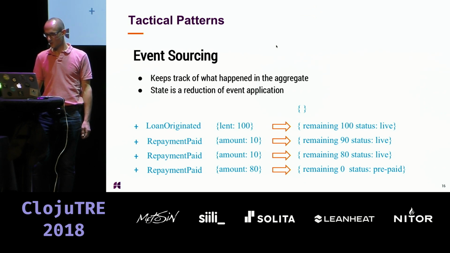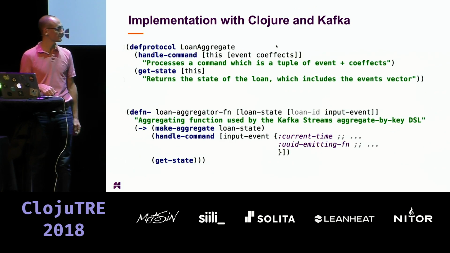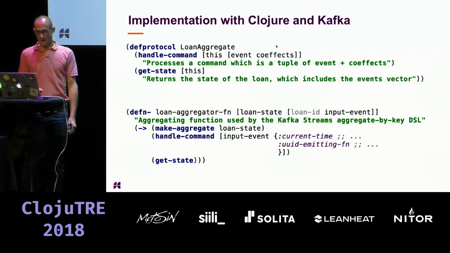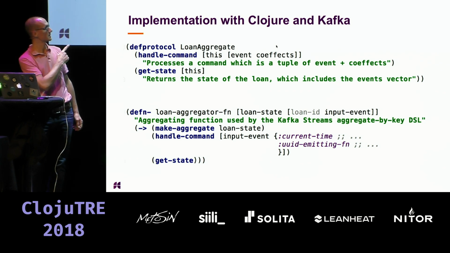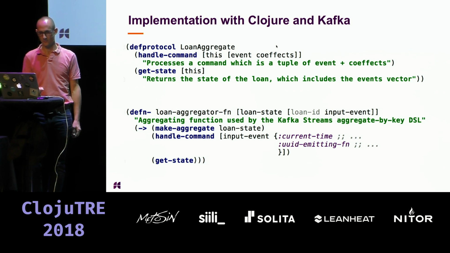So let's have a look at what event sourcing looks like in Clojure and Kafka Streams. We have implemented the aggregate using a defrecord, which actually holds the loan state. And it implements this protocol above, the loan aggregate protocol, with 2 functions, handle a command and get state.